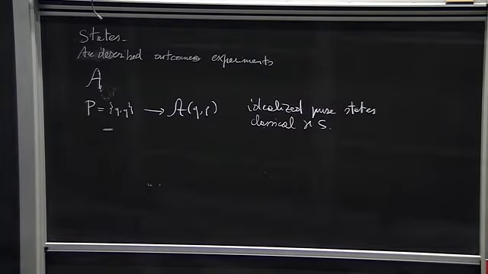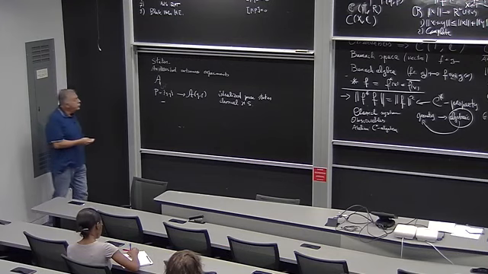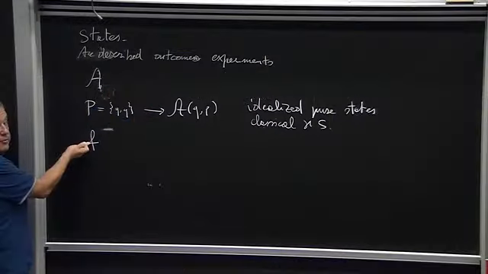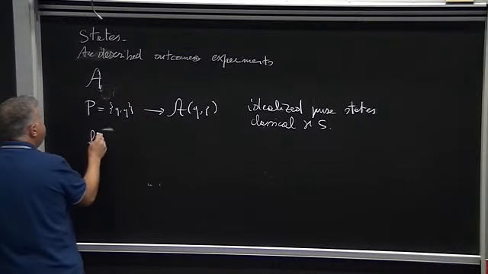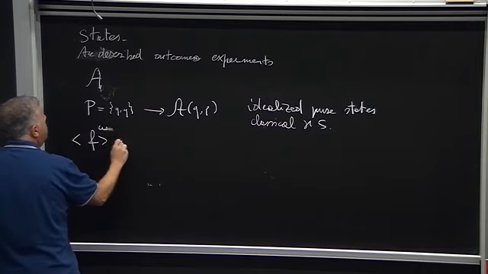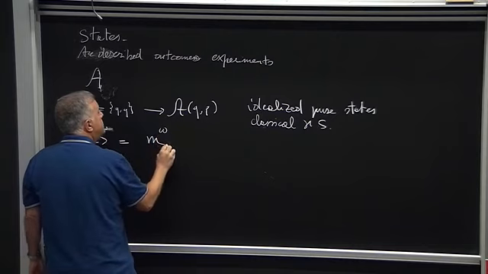Point is that you don't do this when you measure something. You know that if you want to measure a certain observable f in a state, what you do, you start repeating your measures.